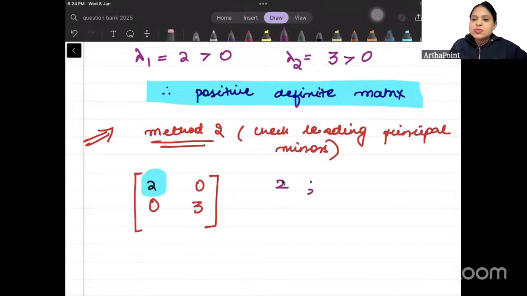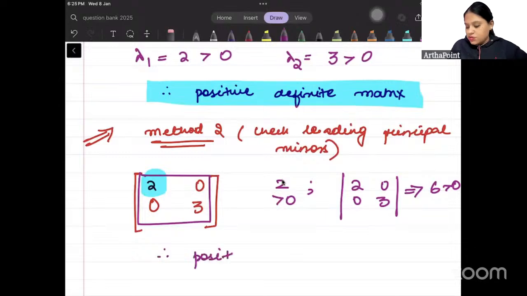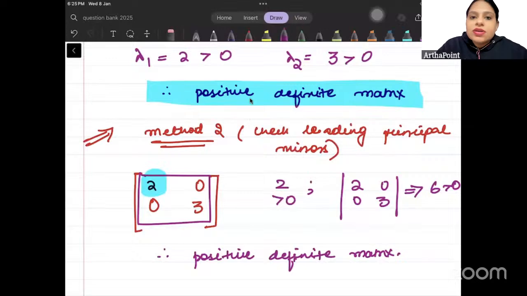And second leading principal minor is what? Determinant of this matrix. That means 6. Both of them are strictly greater than 0. So, positive definite matrix. This is another way. इससे देख लो कि whether it is positive definite or negative definite.